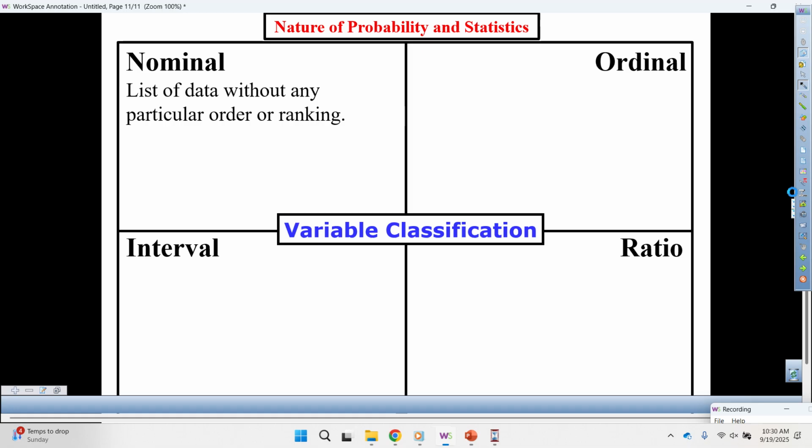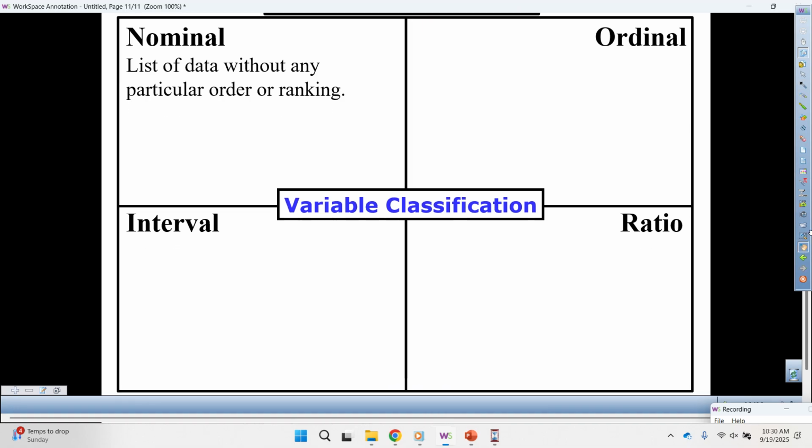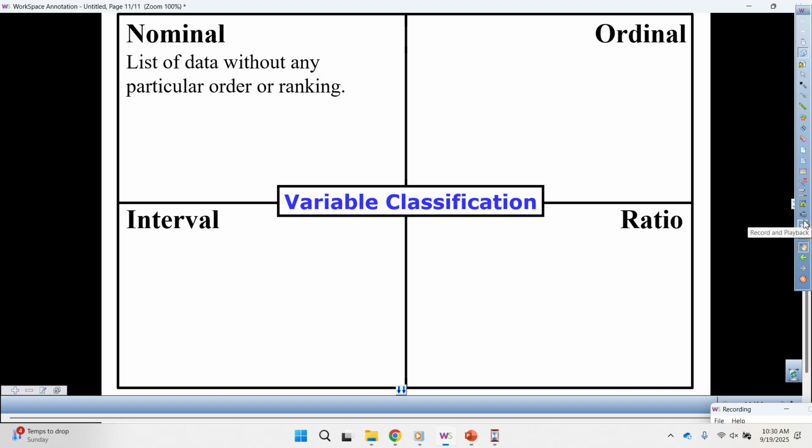So think about it. What kind of question would I ask you to get information where, once I get the information, the order doesn't matter? What kind of question should I ask? Let's see. How about favorite color?